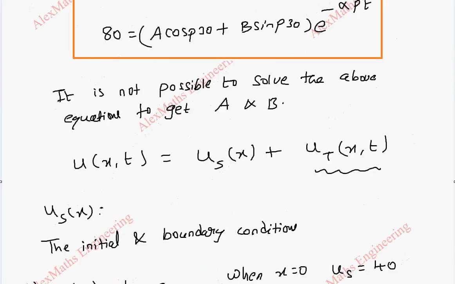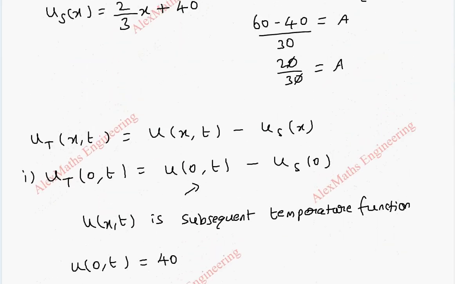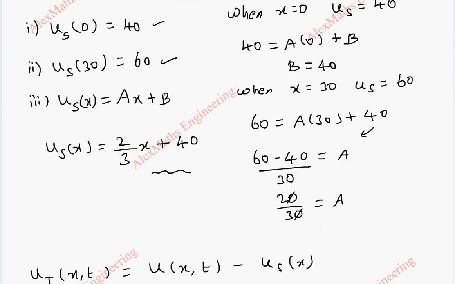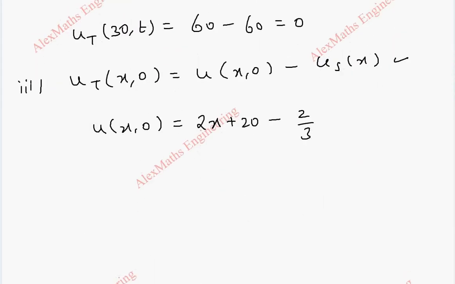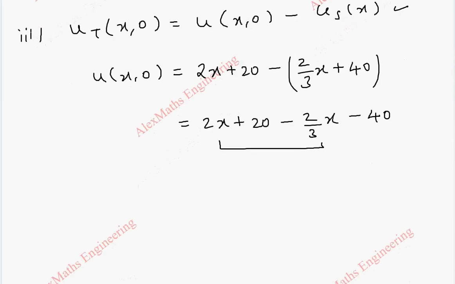So it is 2x plus 20, minus u s of x, we have it here, 2 by 3 x plus 40. Now this is 2x plus 20 minus 2 by 3 x minus 40. So we can combine the x terms by taking LCM. LCM is 3. So 3 times 2 is 6, 6 minus 2 is 4. So 4x by 3, and by subtraction of this we get minus 20.